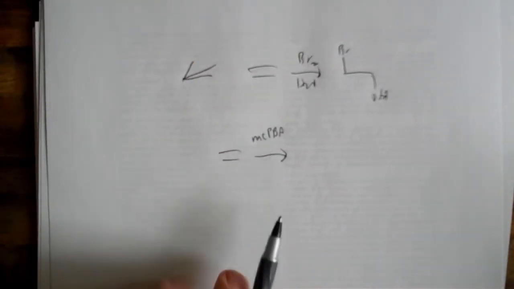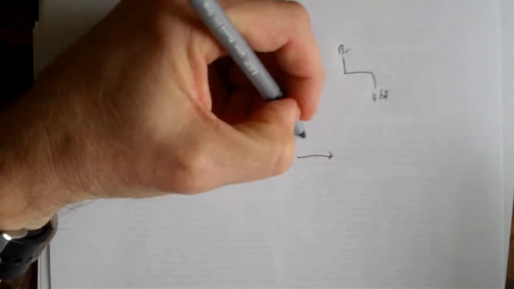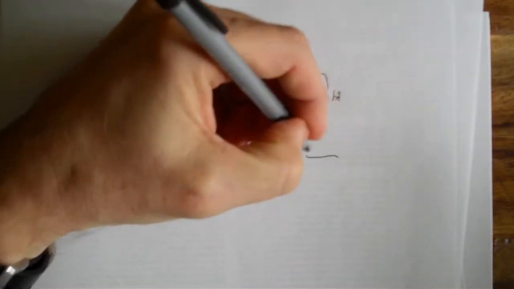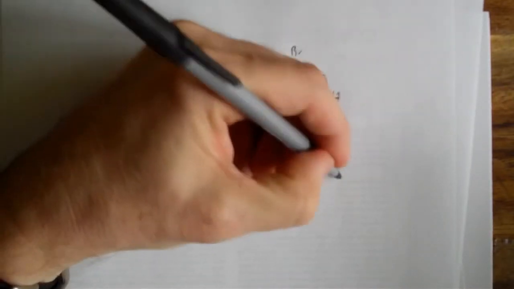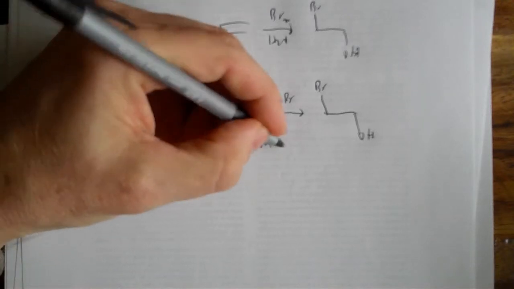And the second thing we treat it with is HBr, and we get boom and boom. What's the difference between those two reactions? An important difference. Give you a hint. Look at the mechanism. Okay? This is a synthesis thing. You need to look that up and figure out why those two are different.